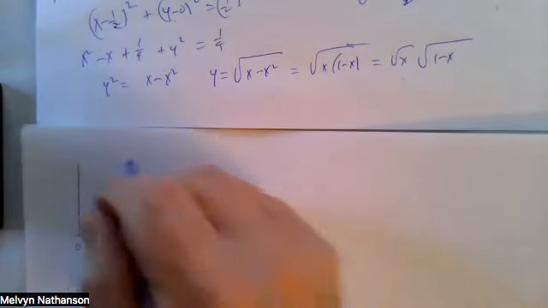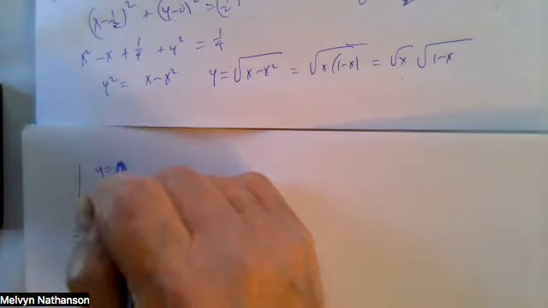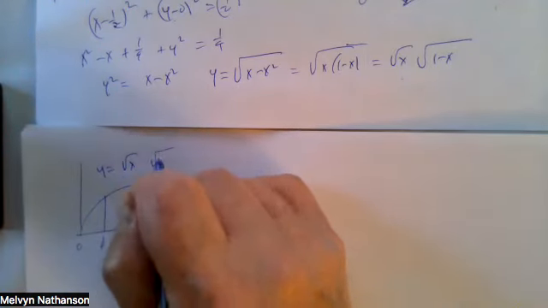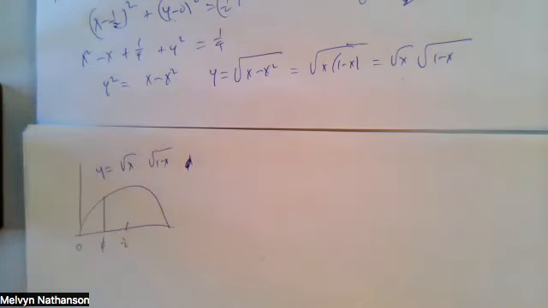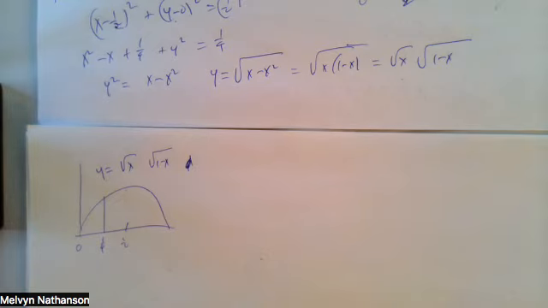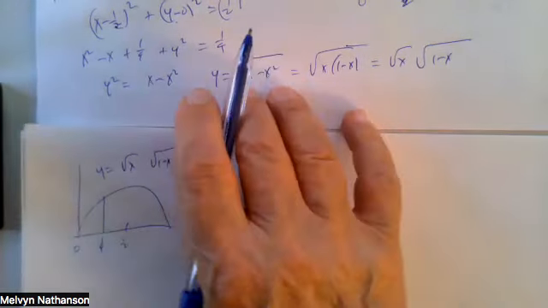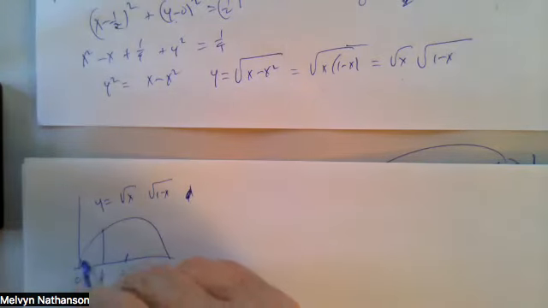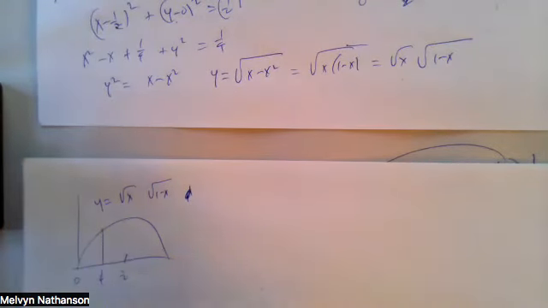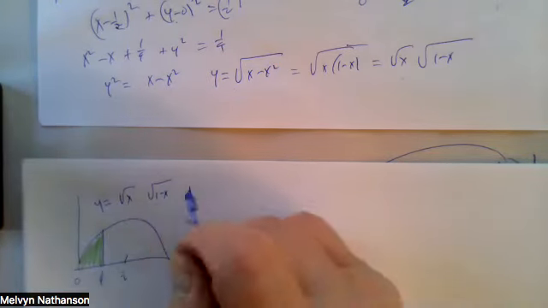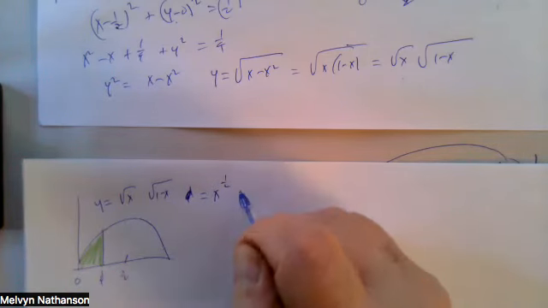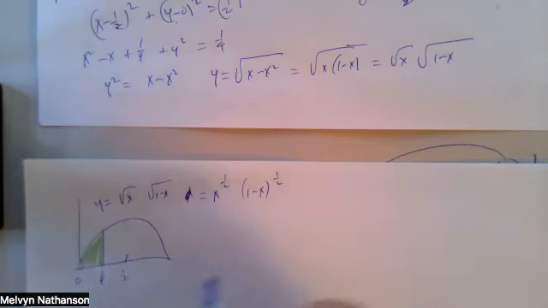The equation of the semicircle is y equals square root of x, square root of 1 minus x. And I'm interested in this green area. So this is x to the 1/2, 1 minus x to the 1/2.